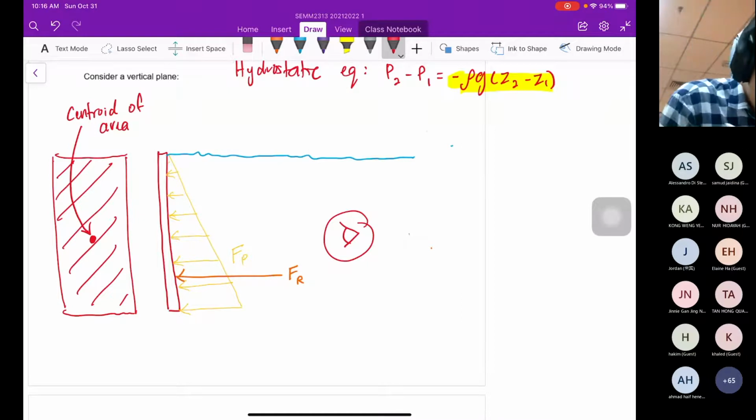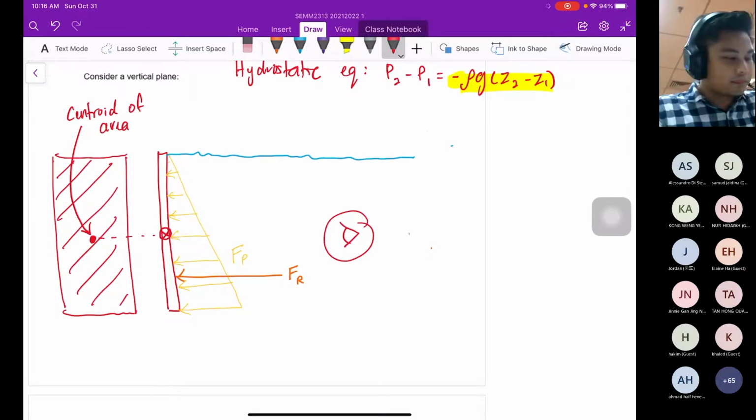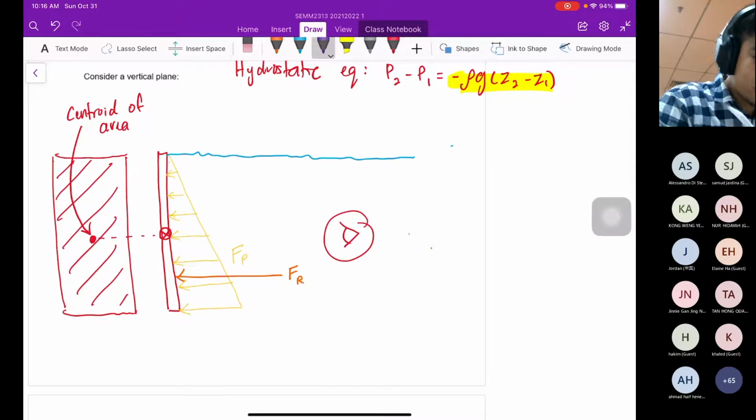So from here, directly translate into here. So let's put here X. This is centroid. So let's rename here from the surface of the water to the centroid is HC.